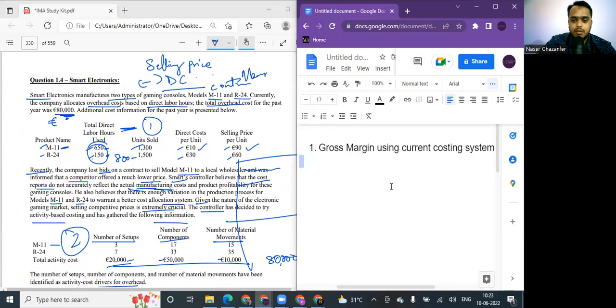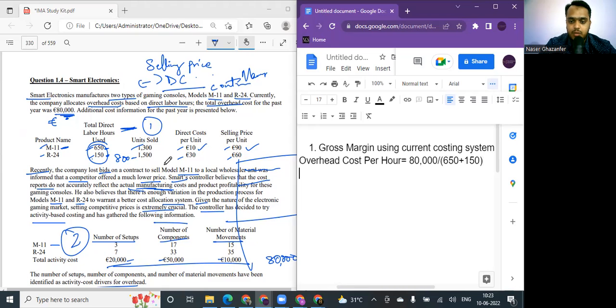So what I'll do here is put down overhead cost per hour is equal to, see, 650 plus 150 is 800. 80,000 is my overhead cost. 80,000 divided by, in brackets, 650 plus 150.